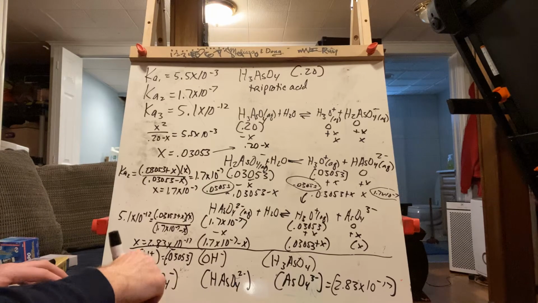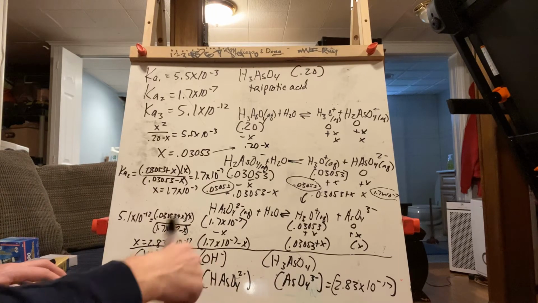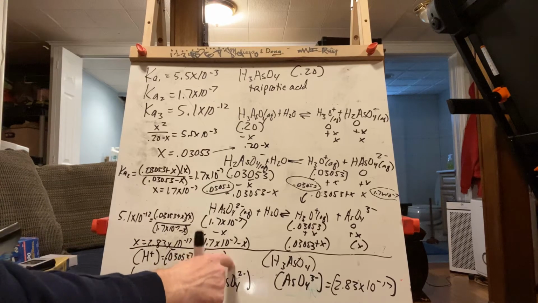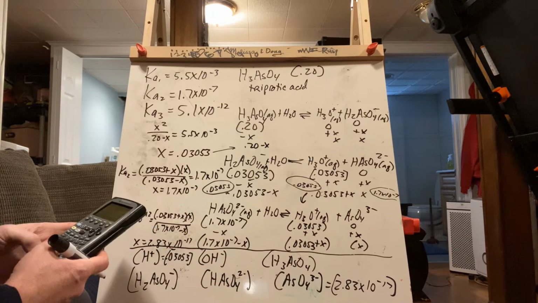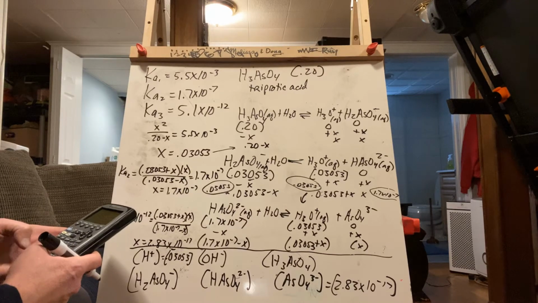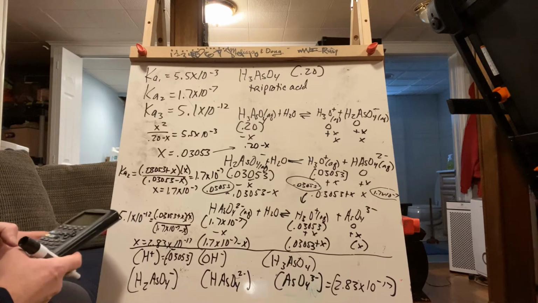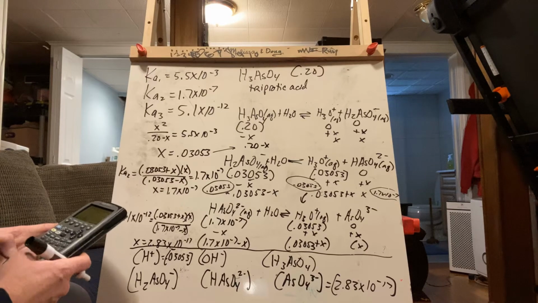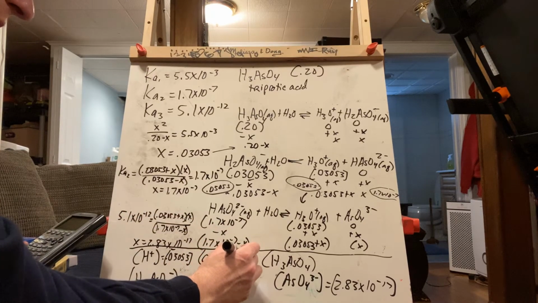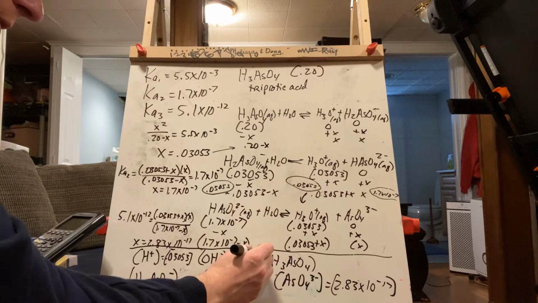Remember, H plus times OH minus is going to give you 1 times 10 to the negative 14th. So to solve for OH minus, it'd be 1 times 10 to the negative 14th divided by 0.03053, and that gives me 3.27 times 10 to the negative 13th.